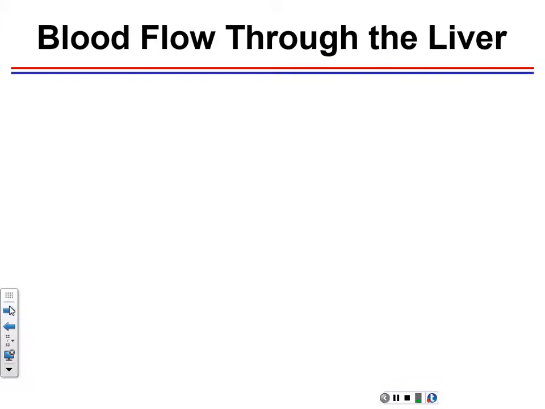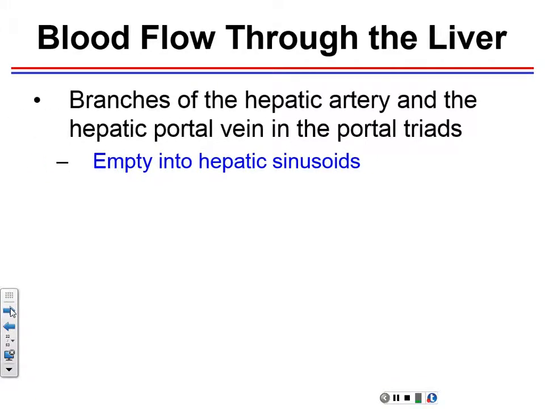And some of these functions are kind of intuitive. You've seen them before already. It's now just putting it all together in one lump. So the branches of the hepatic artery and the hepatic portal vein at the triads will unite. Remember, they form the sinusoids, and then the sinusoids go and join the central vein.